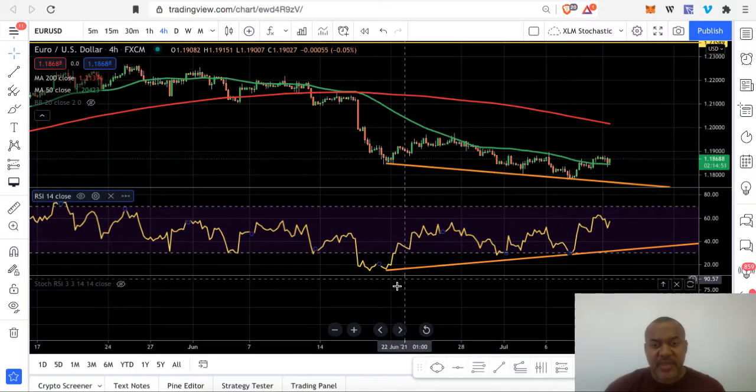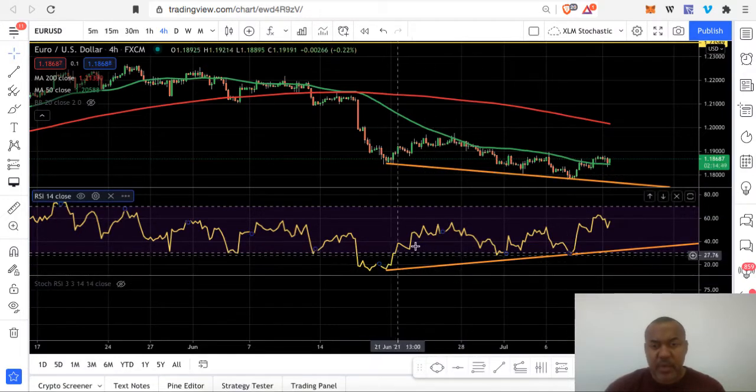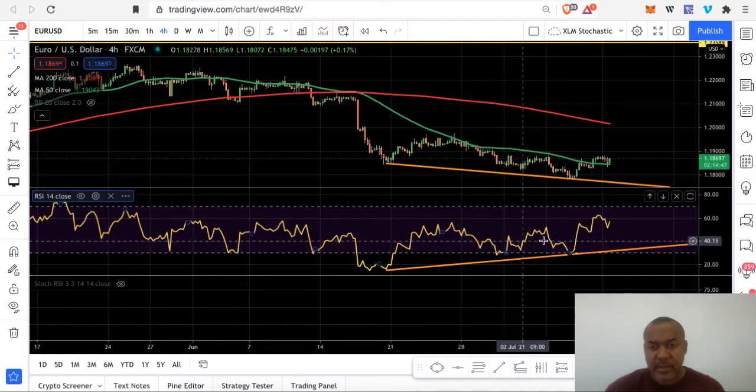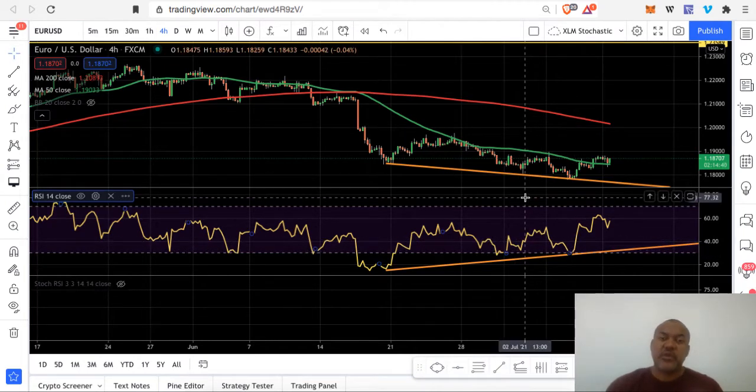On the relative strength index, we have been going higher. So we have higher lows on the relative strength index. In other words, the price is going down, but the relative strength index is going up. Because the relative strength index is going up, we're calling that bullish divergence.